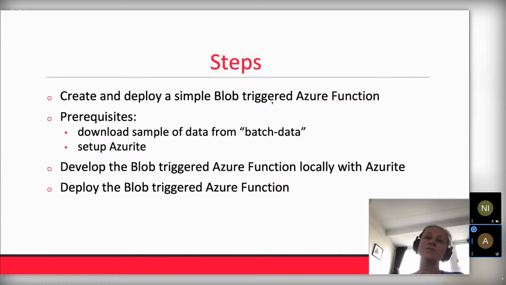And I will show you why it's important to know how to run it locally. We're going to do it with Azurite. And then we finalize with the blob-triggered Azure function that will read the file and give predictions back. So that's our plan for today. It's a lot of things that is waiting in front of us.